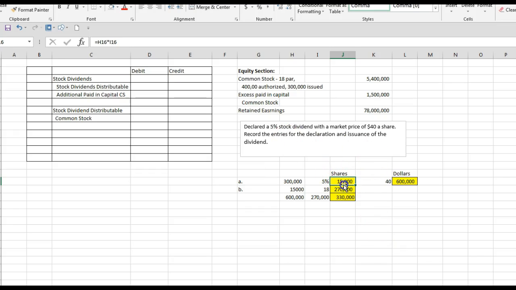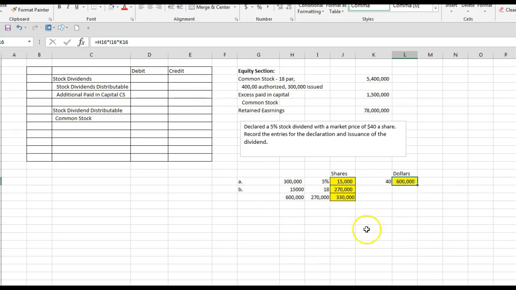And those 15,000 shares we're going to distribute to stockholders who already have the stock. The price of the share on the market that we're going to use is $40. So I take $40 times 15,000. That means I'm going to distribute $600,000 in stock as a dividend in the future.